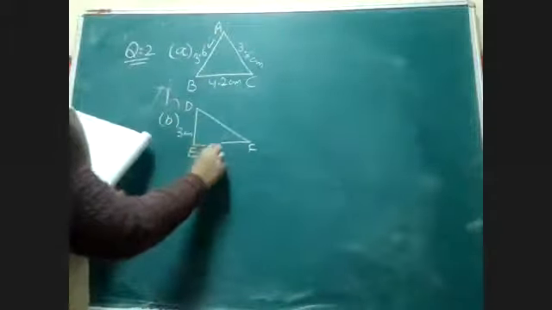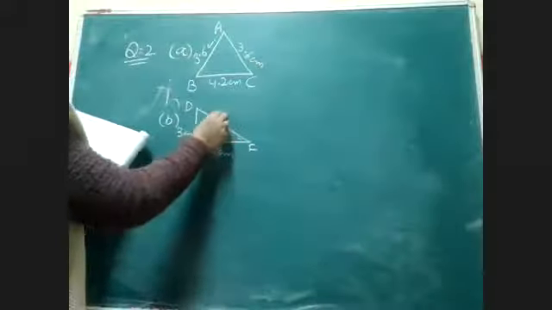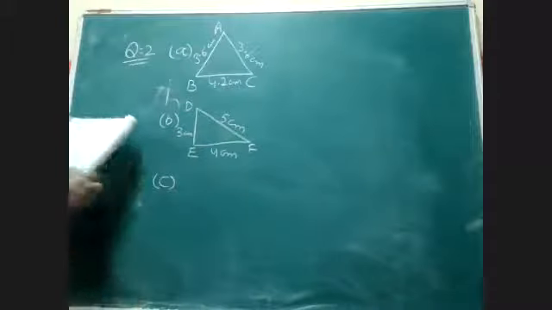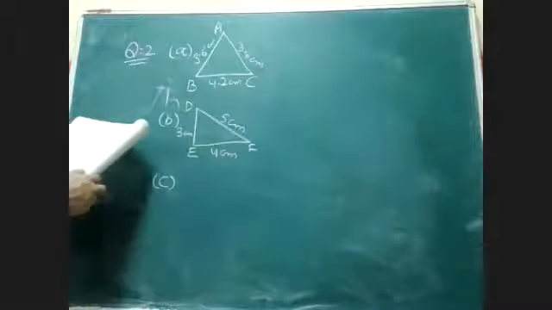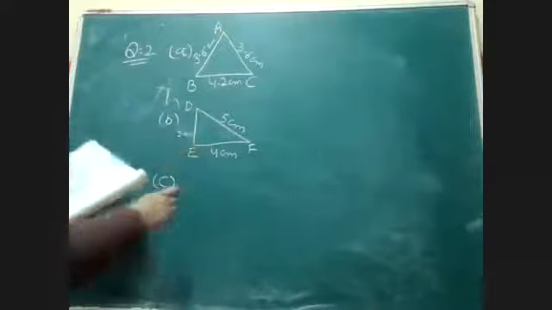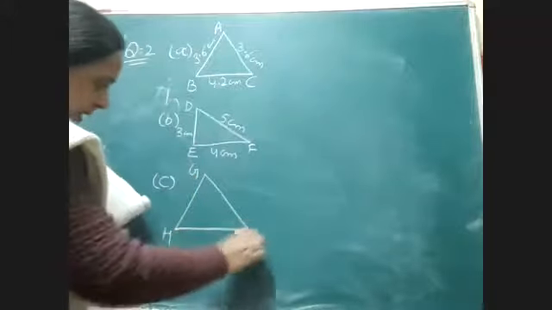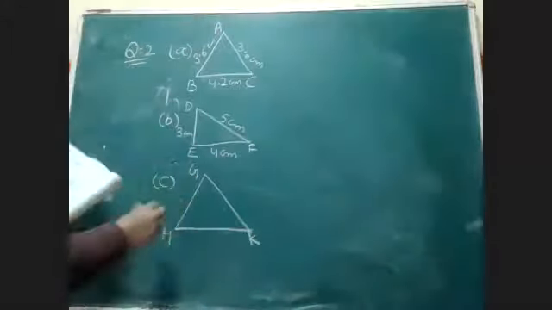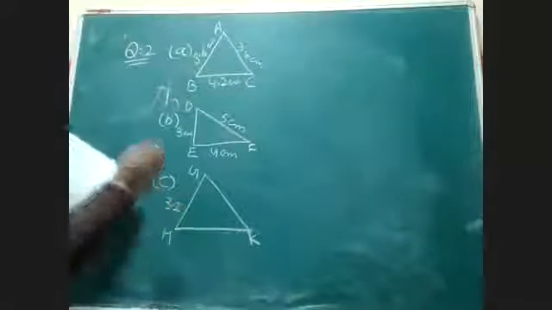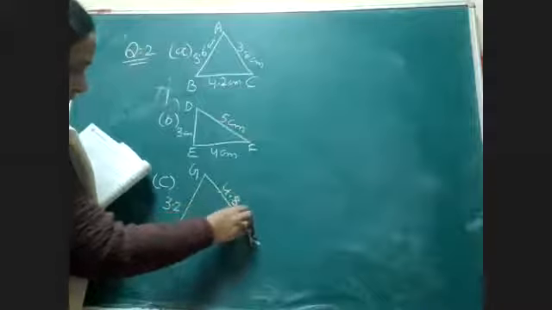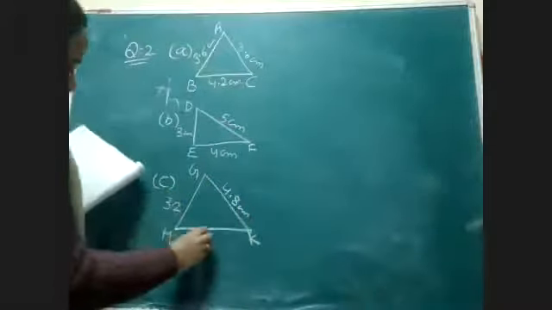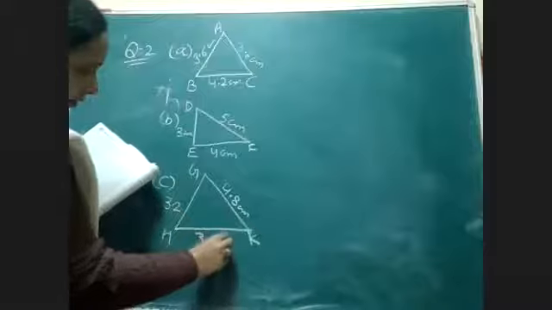This side is 4 centimeters, and this side is 5 centimeters. Next is part C. Now a triangle GHK. The length of this side is 3.2 centimeters. This is 4.8 centimeters. And this side is 3.5 centimeters.